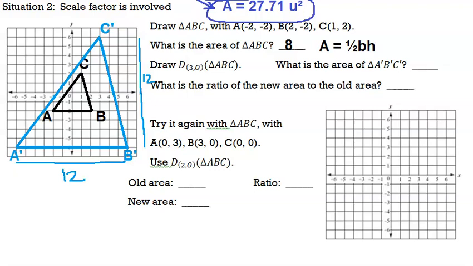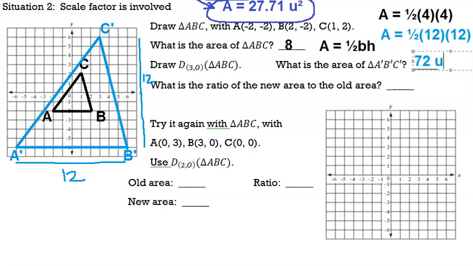So the new area, if we do 1/2 base times height, is going to be 1/2 of 12 times 12. So instead of the original example, which was 1/2 of 4 times 4, now for our new one, the area is going to be 1/2 of 12 times 12. And half of 144 is 72.